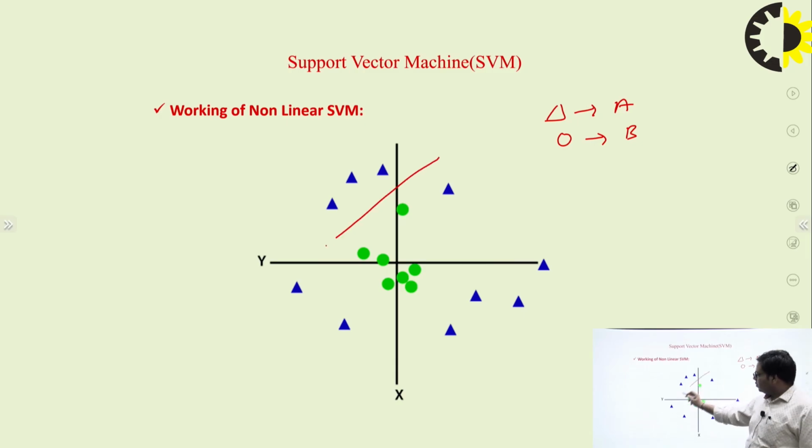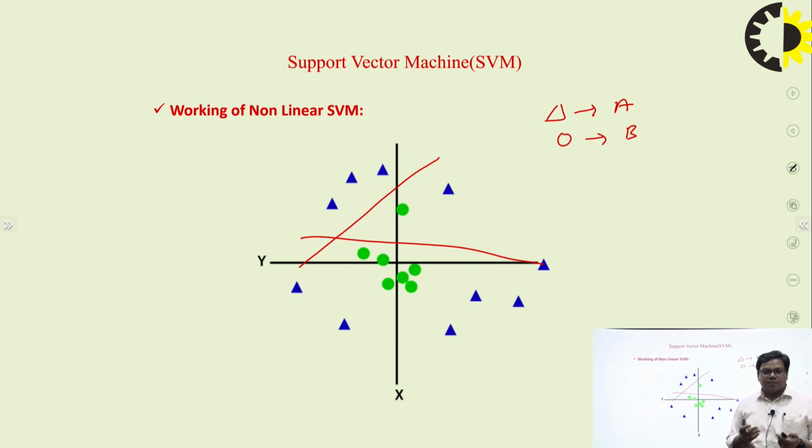If I draw a line here, these points are still connected here. If I draw something like this, the points are still mixed with each other. So what is the solution?